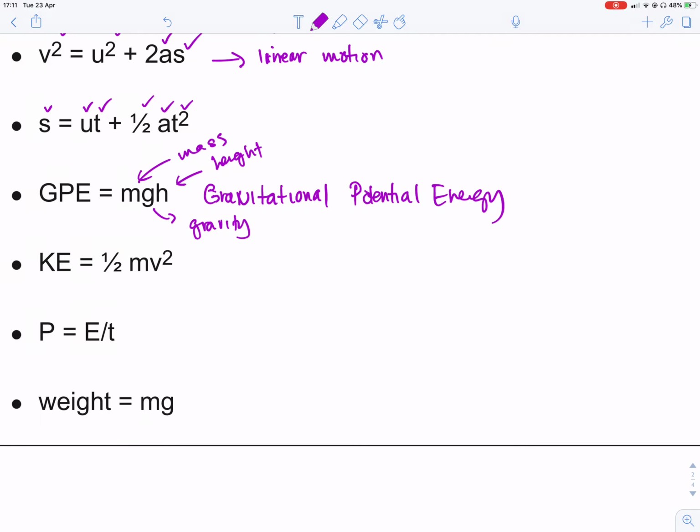Then K equals half mv squared, which is kinetic energy. And kinetic energy is half times the mass times velocity squared.